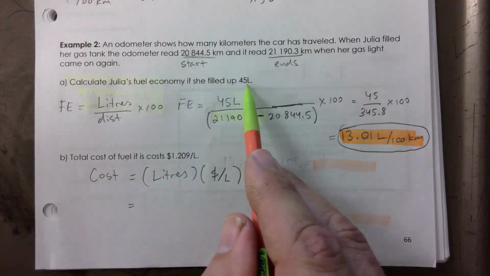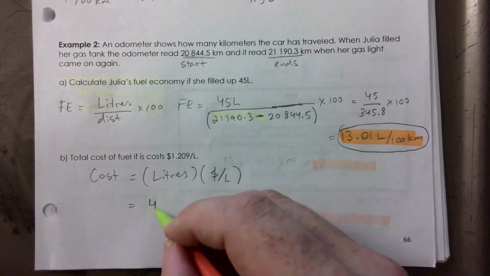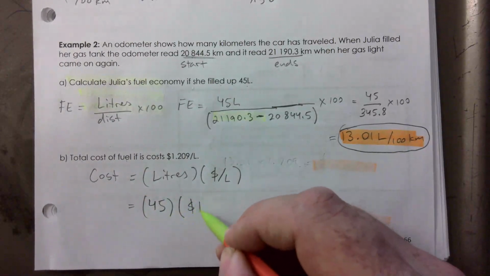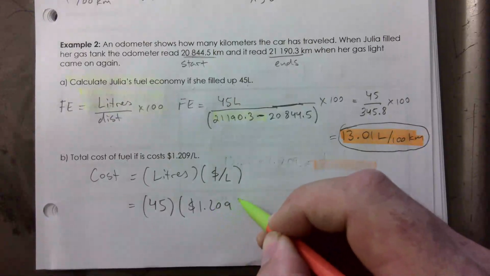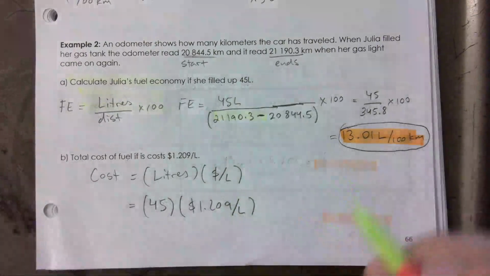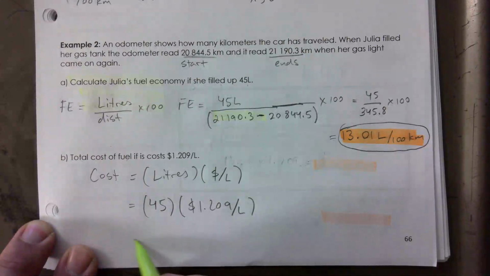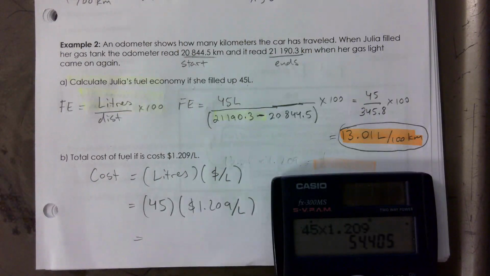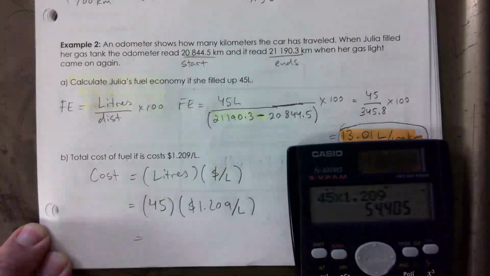It's right there, 45 liters. So it's 45 times, we're paying 1.209 per liter. So you just multiply those two numbers, and that's how you get it. It's 54.41.